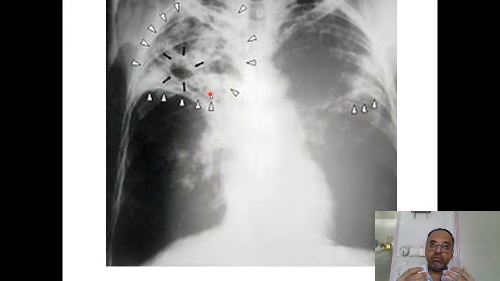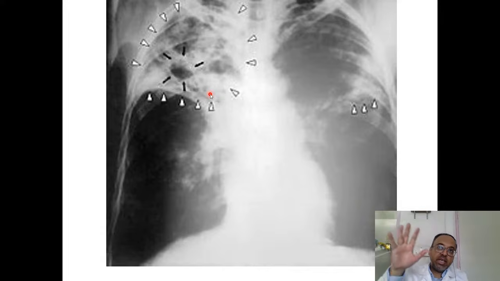The T lymphocytes go there to defend our lungs against Mycobacterium tuberculosis. But in a lot of cases, the T cell activation is too strong, so it damages the lung tissue. The part which is against the Mycobacterium tuberculosis is the good part.